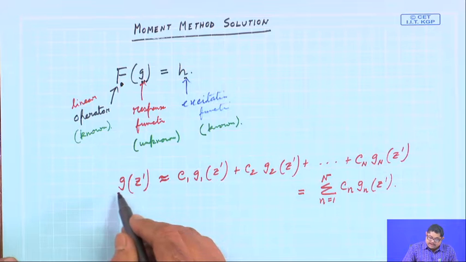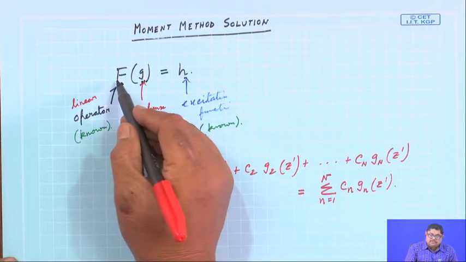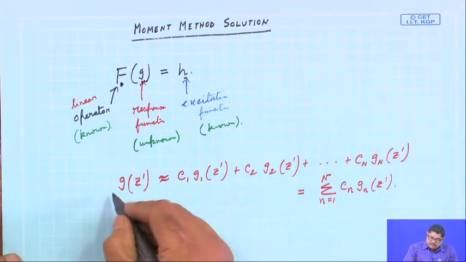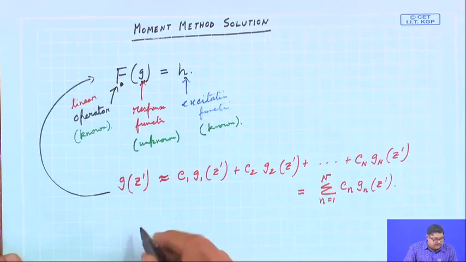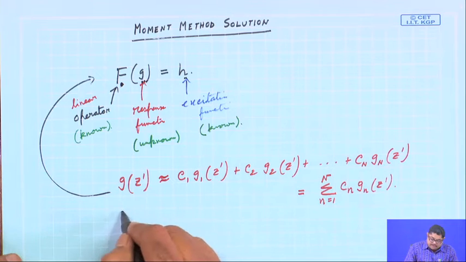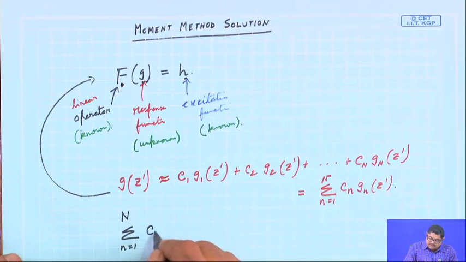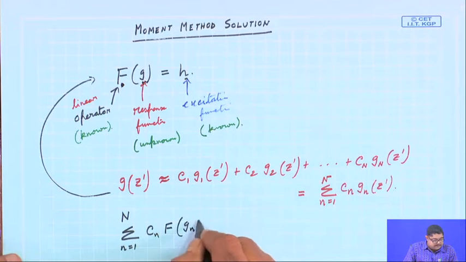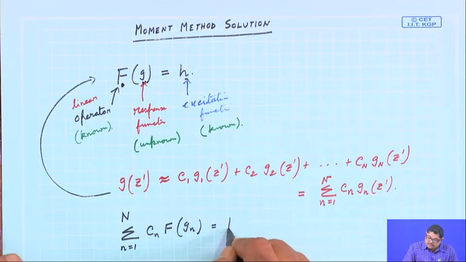Now, if I substitute this thing into this main equation, then what we get. So, if I substitute it here, I get sum n is equal to 1 to N C n f of g n is equal to h.